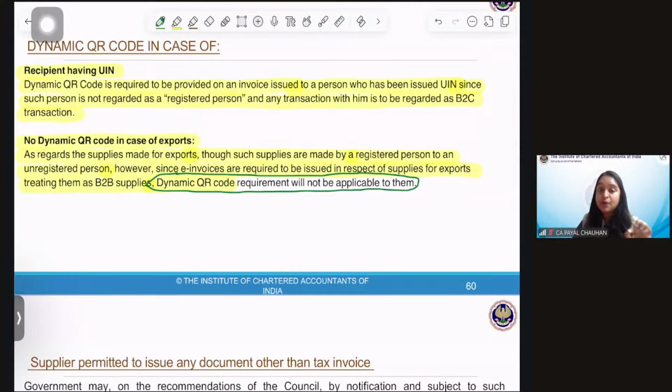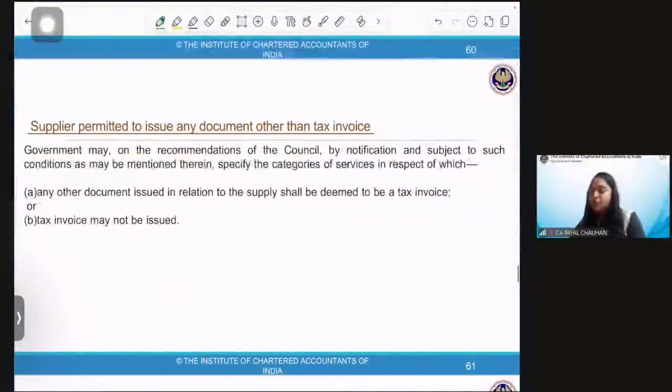If I ask you a question, why dynamic QR code is not required in case of export, can you give me an answer for 2 marks? Yes, Navneet, perfect. Because e-invoice is issued and e-invoice already carries a QR code. That's a perfect answer.